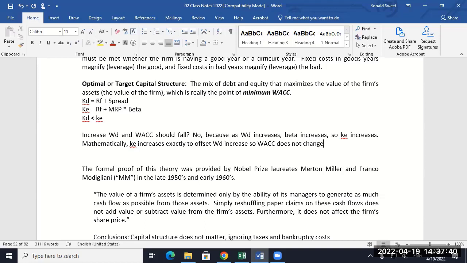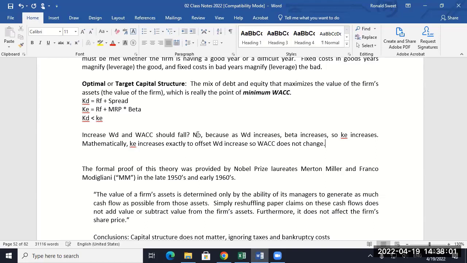I could show you mathematically, but WACC doesn't change. If you increase your weighted debt, that increase in weighted debt increases your beta so much that you end up with the exact same WACC afterwards. Some textbooks actually do the math. You can go find it online. If you're a finance major, you might want to get into that. If you take a corporate finance class, they'll probably walk through that math in that class.